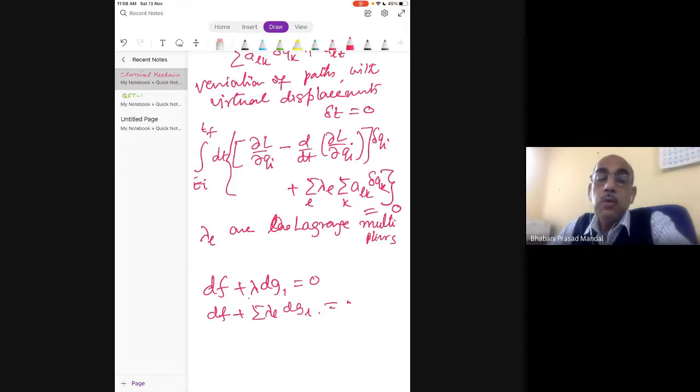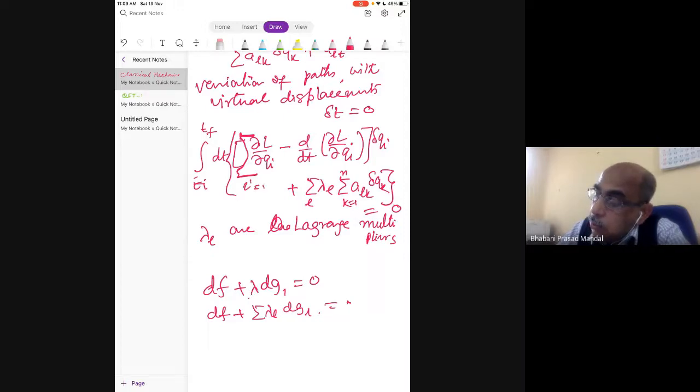Okay, so the sum is 1 to n. You have n coordinates. The variation will have a summation over i equal to 1 to n, and this is k equal to 1 to n.